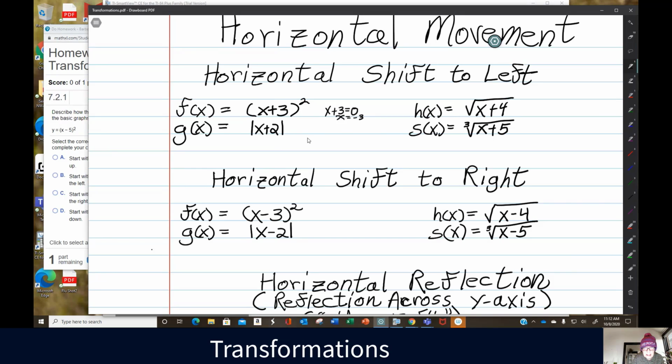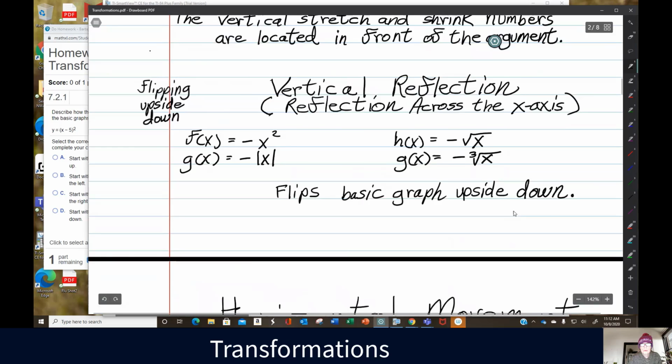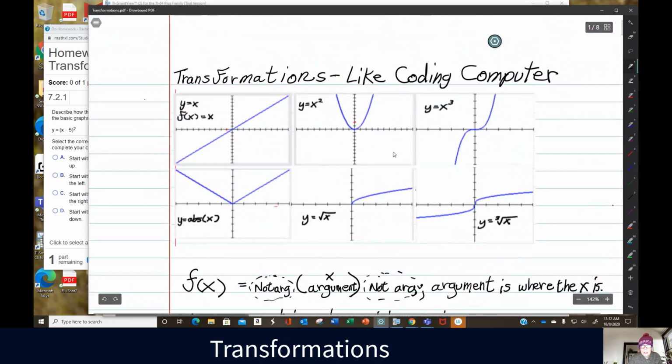Now here the argument is x plus 2. I set it equal to 0. And why 0? I'll show you. Because in the basic graph, everything is centered at 0, 0. So here you're offsetting the graph to the left or to the right.